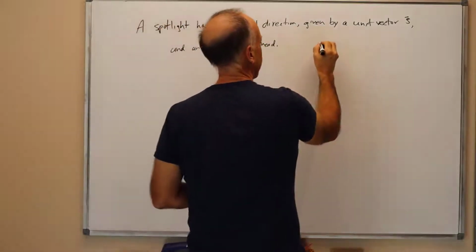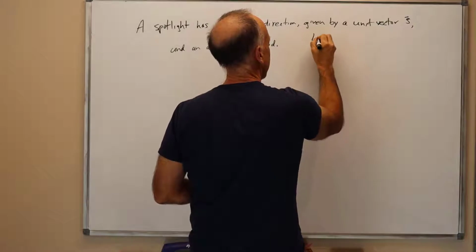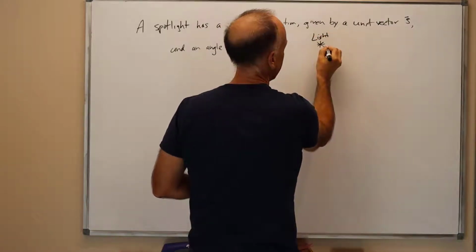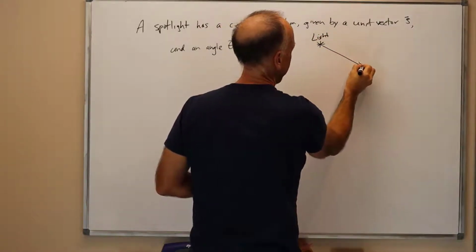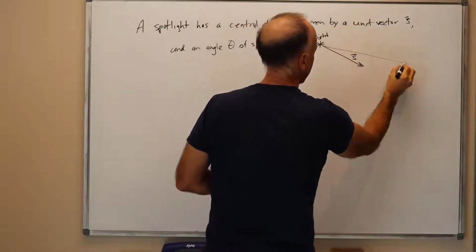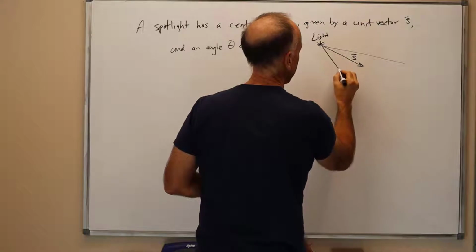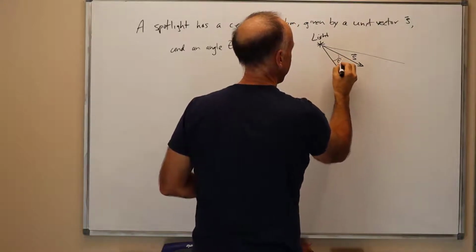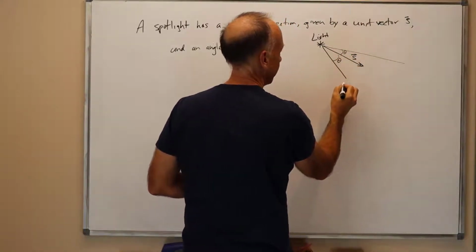So the picture is something like the following. Here's our light. It's shining out, centered on the direction s. It's throwing out a cone of light here making angle theta with s on all sides.